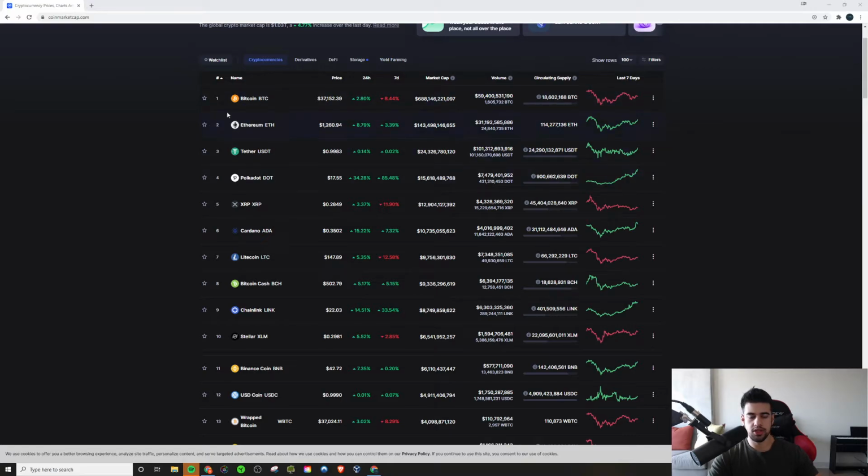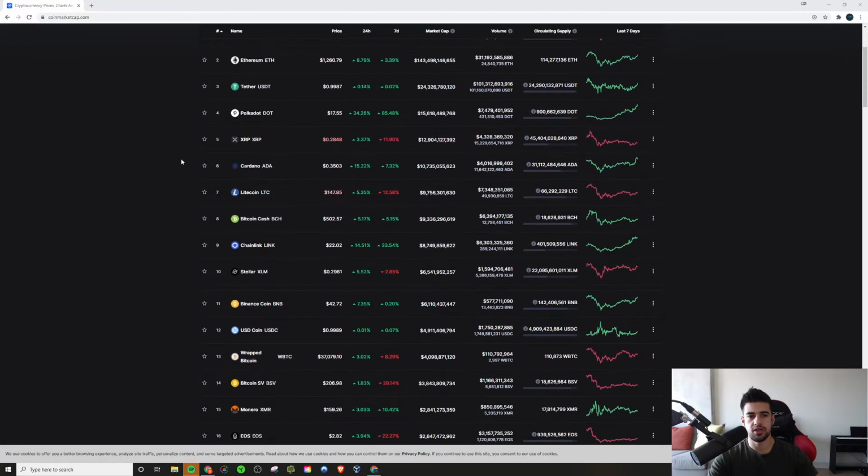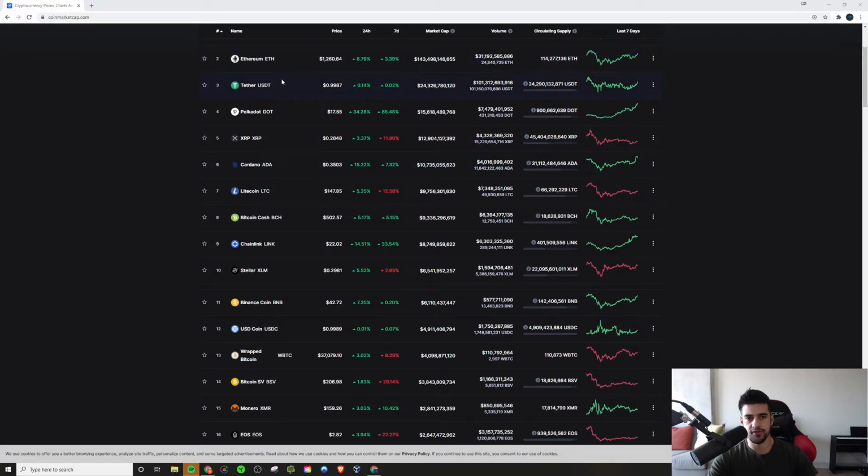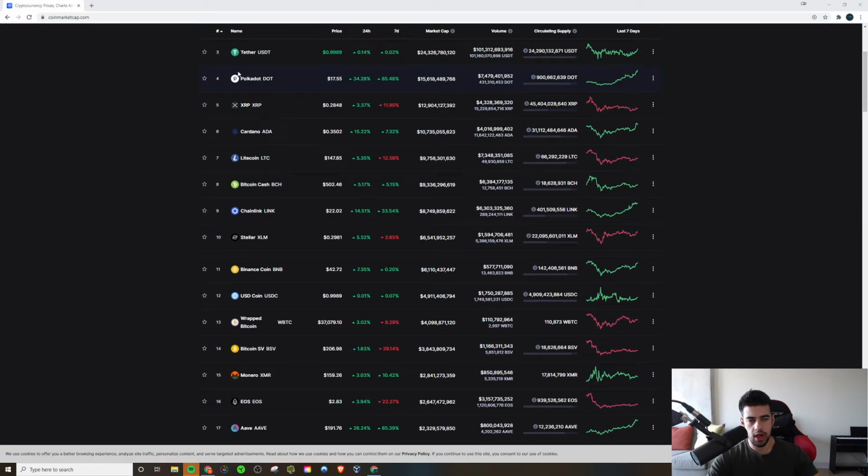Now, just kind of moving on down the line, this is what is called a stable coin. I won't get too much into that. Basically, it mimics the value of the US dollar so that you can transfer your cryptocurrency into dollars without actually having to off-ramp and be taxed on your crypto. And then you have some other projects like Polkadot, which isn't really based off of Ethereum or Bitcoin.